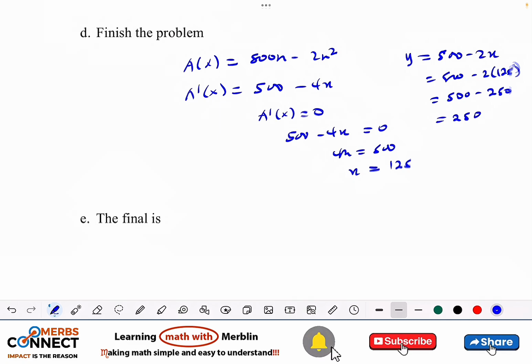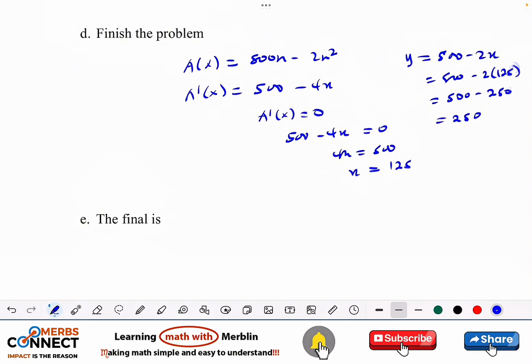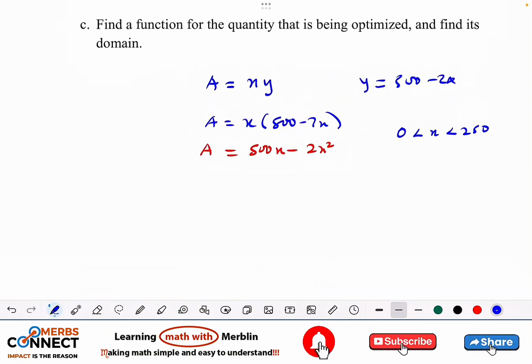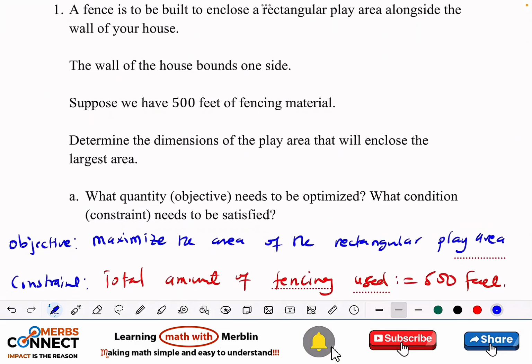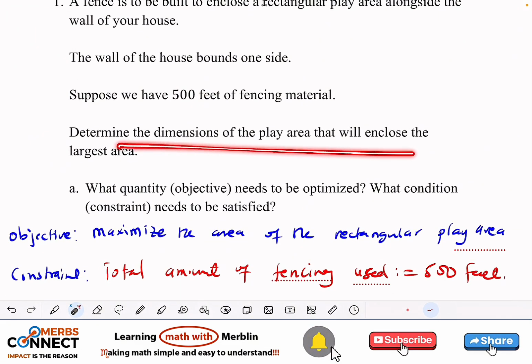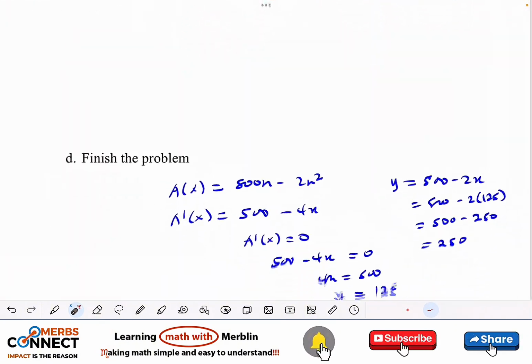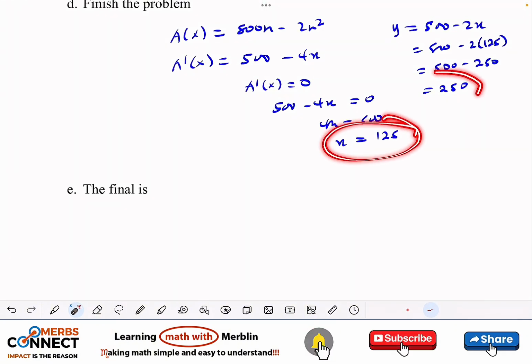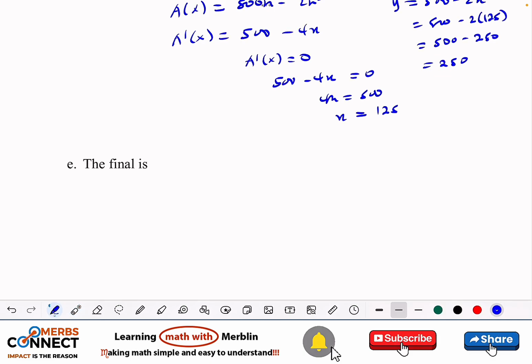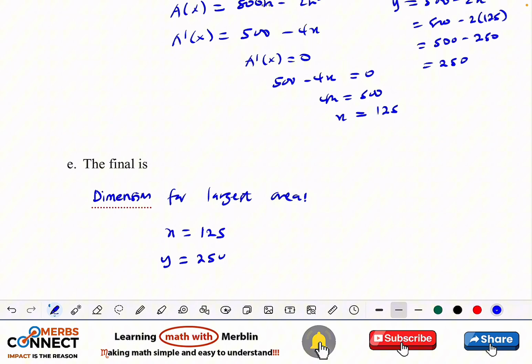So we need to just finish this. For our final results, the question is saying that we should find the dimensions, right? So the dimensions are going to be x and then y. Let me write the dimensions for the largest area: x is equal to 125 and y is equal to 250.